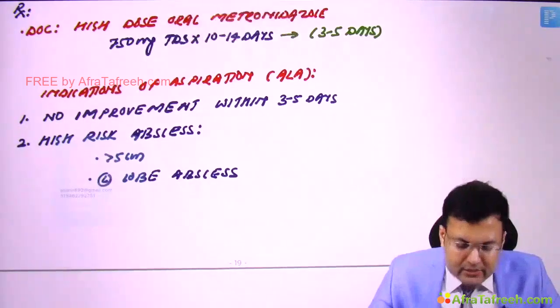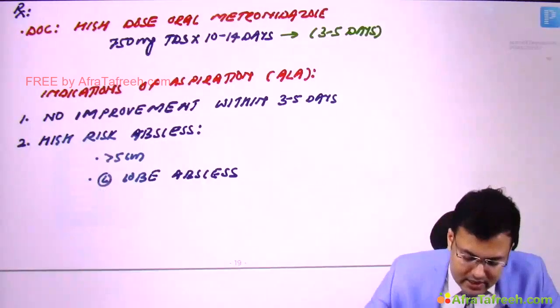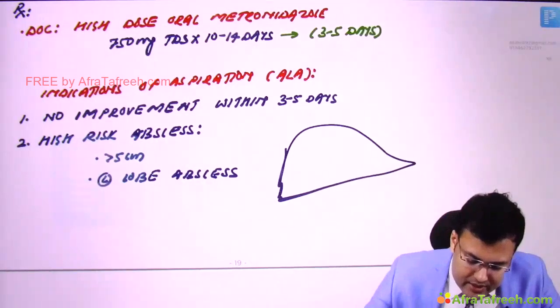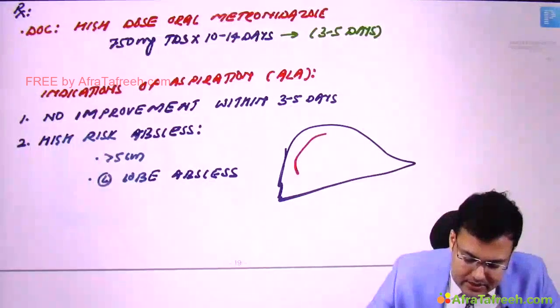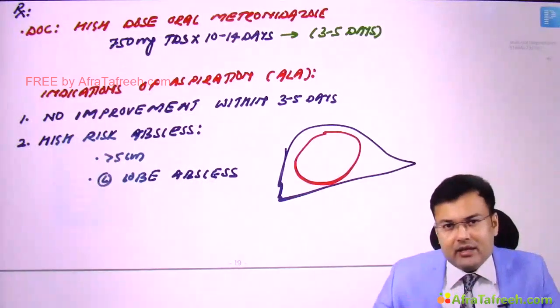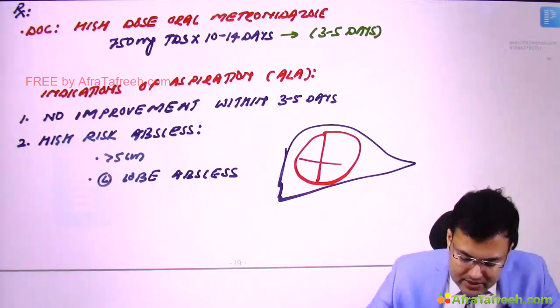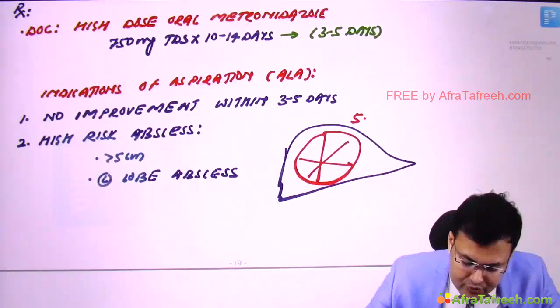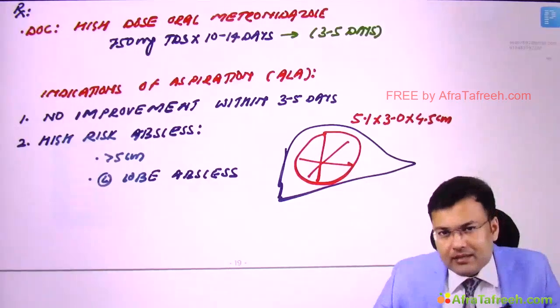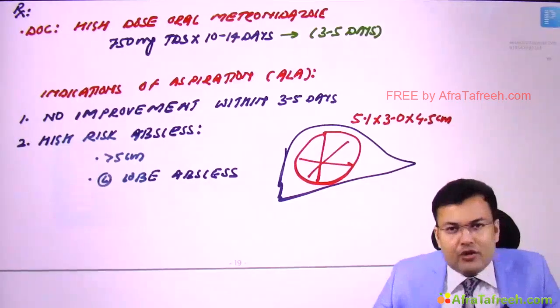Okay, this question was asked many times in NIMS. See the language. So the patient is having amoebic liver abscess, clear, and 3D dimensions are given. The dimensions are 5.1 into 3 into 4.5 centimeter. So the abscess cavity dimensions are 5.1 into 3 into 4.5 centimeter.